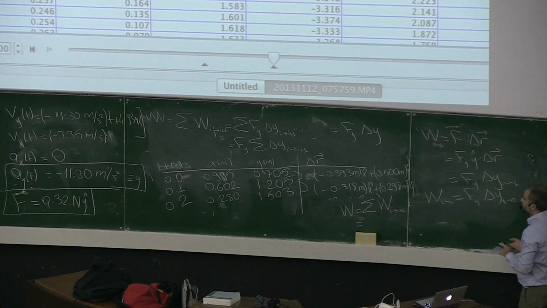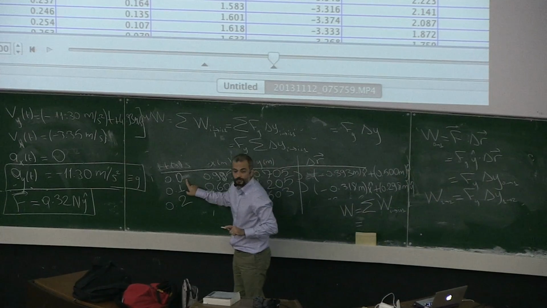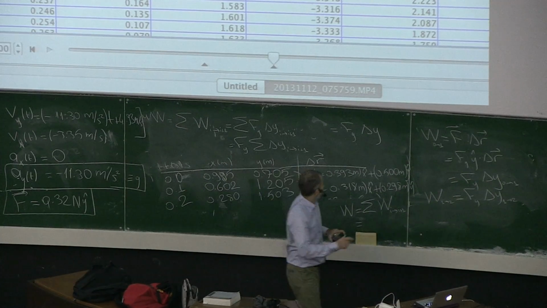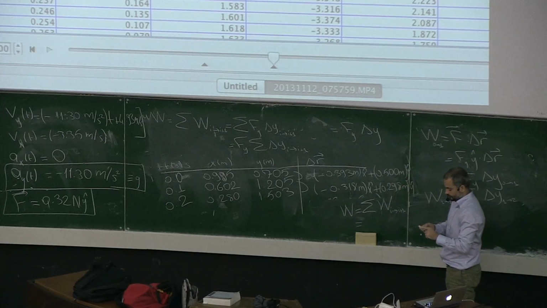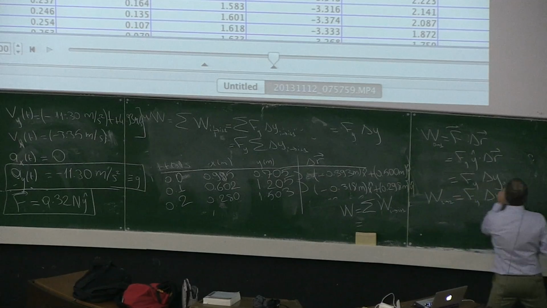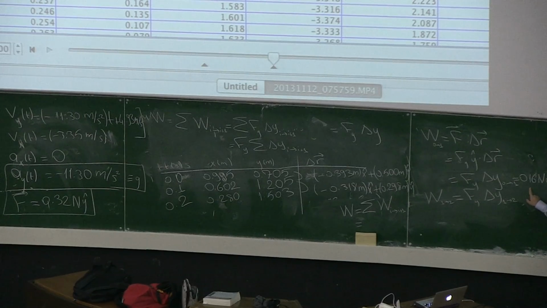Delta y, as I go from t equal to 0.0 to 0.1, I had just calculated to be 0.5 meters. So the work done is 0.16 newton meters. This is the work done in the first step.